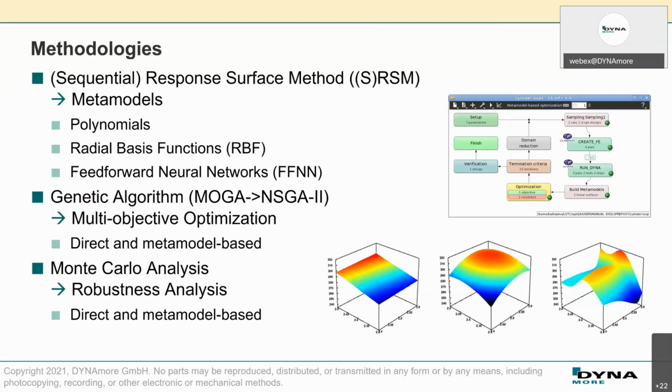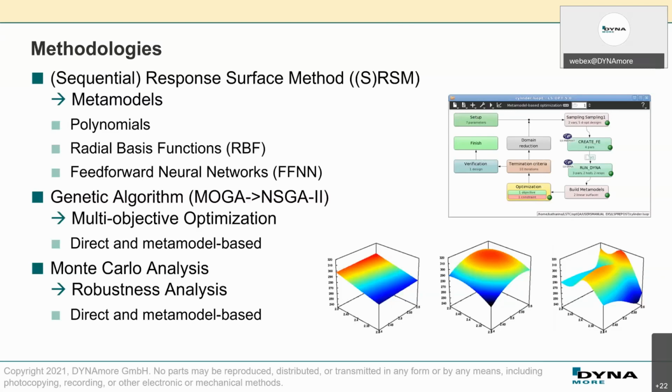This is available direct, which means you only use simulation results to find the optimal values, and it can also be used meta model based, since the direct genetic algorithm requires many LS-DYNA simulations, so this is too expensive for most of the cases. That's why it can also be used meta model based.